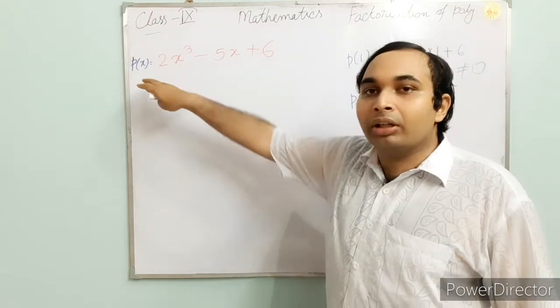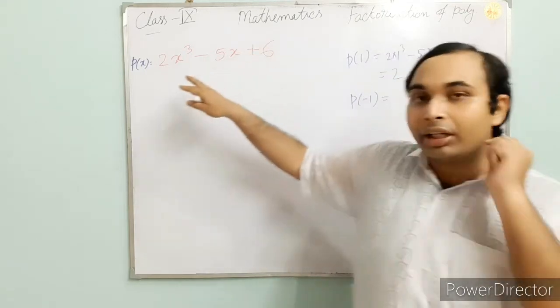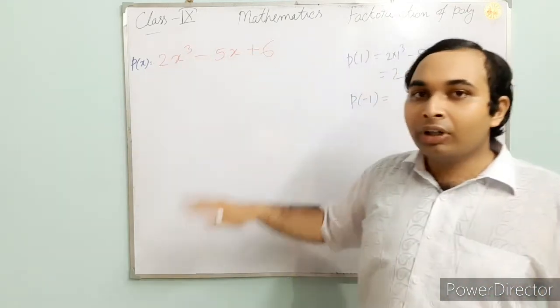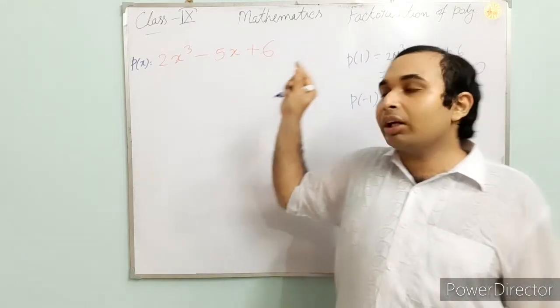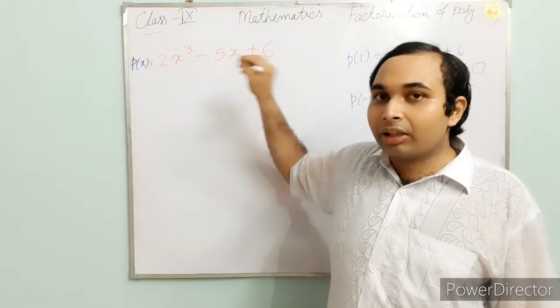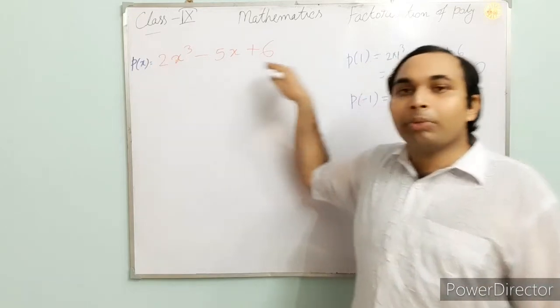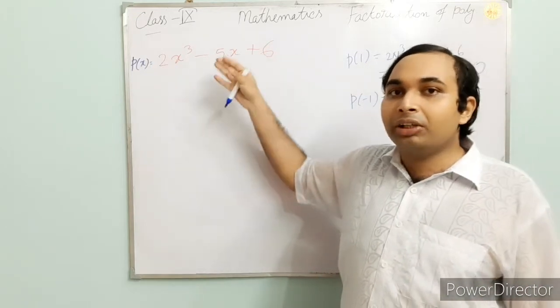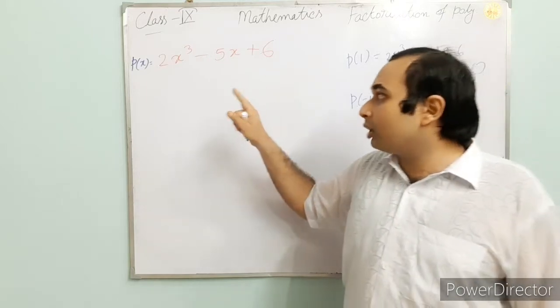Again take -1, do the mental calculation, and if you can't do it mentally, do the calculation in your rough work. No need to do all these calculations in the fair copy. Only the number that satisfies the 0, that calculation only you will do in your fair copy. So -1, do the mental calculation or do it in your rough, and if it is coming 0, then that will be our target.